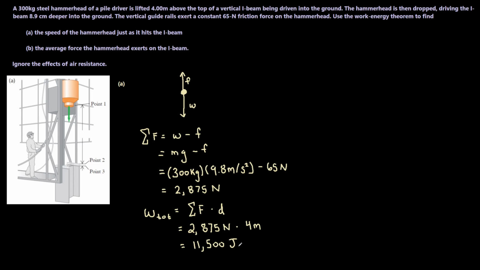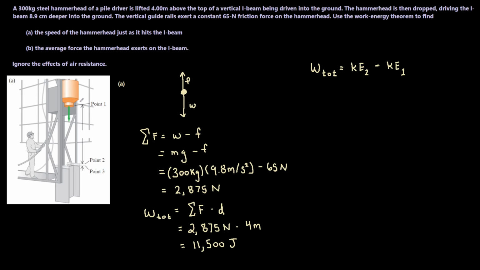Finally, we can use the work-energy theorem to solve for the speed of the hammerhead right before it hits the I-beam. So the total work is going to equal the final kinetic energy, which is when the hammerhead makes first contact with the I-beam, minus the initial kinetic energy, which is when the hammerhead is at rest, which is point 1.